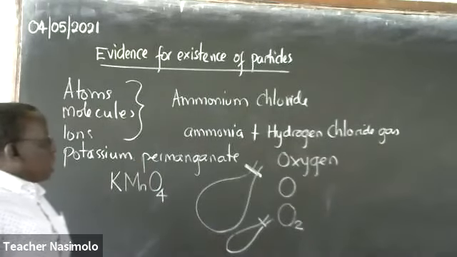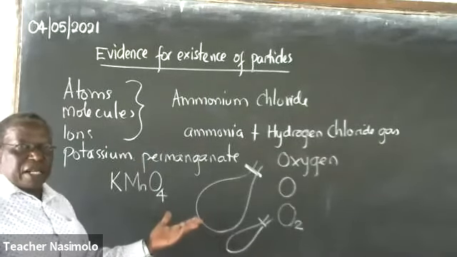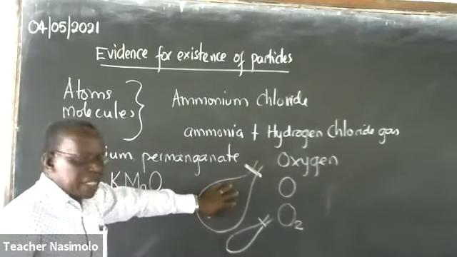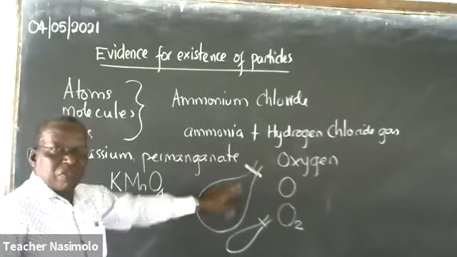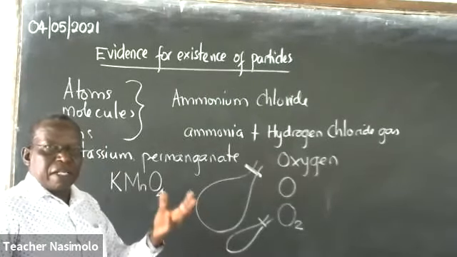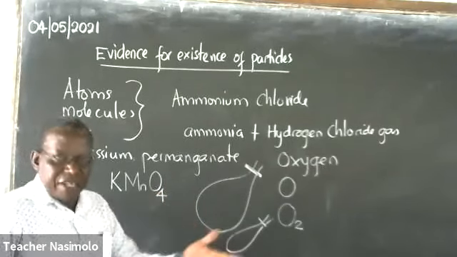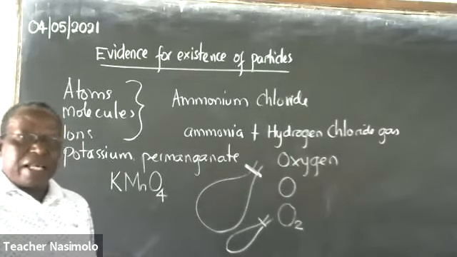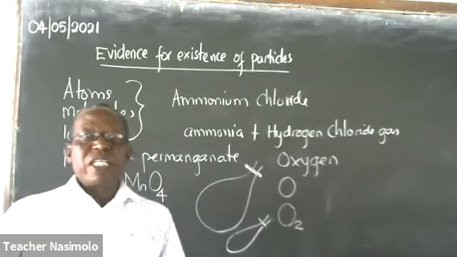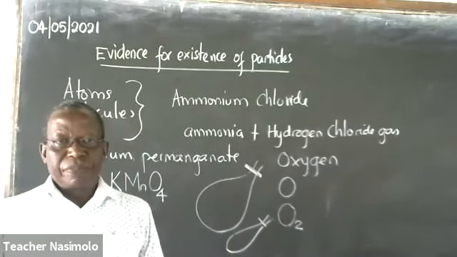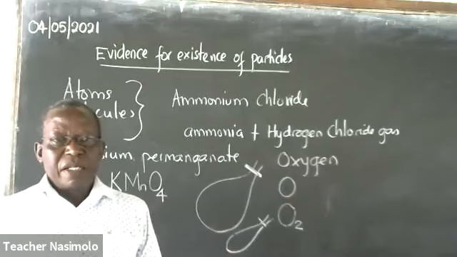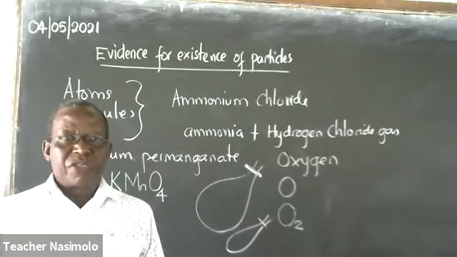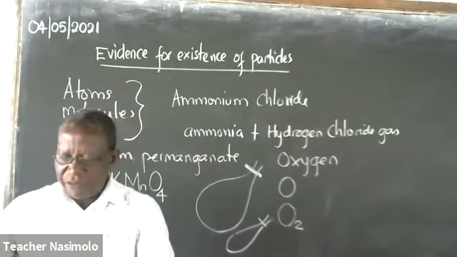Right. So we are simply saying, why does the balloon burst? Because the air that you put in there has got tiny particles. Now, when the sun shines on those balloons, the particles of air inside the balloon are going to gain kinetic energy. Just like, for example, when you are hungry, you are not as energetic as when you have just had a very good meal.